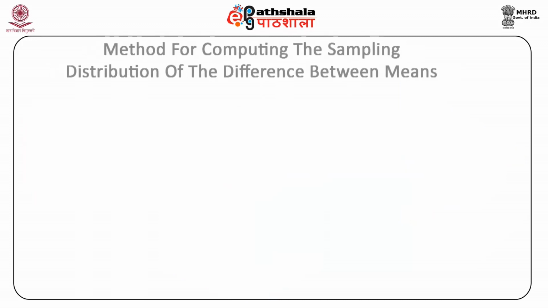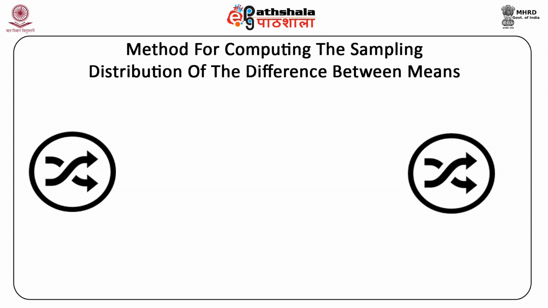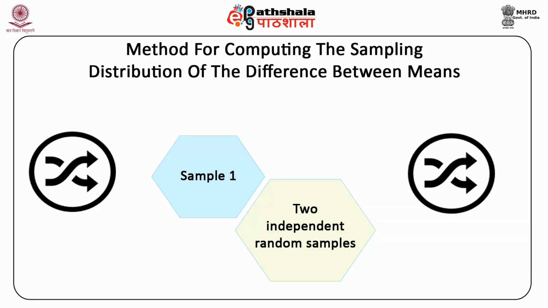The standard error for the difference of two means is based on two independent random samples, that is, observations in population 1 are not affected by observations in population 2, and vice versa.